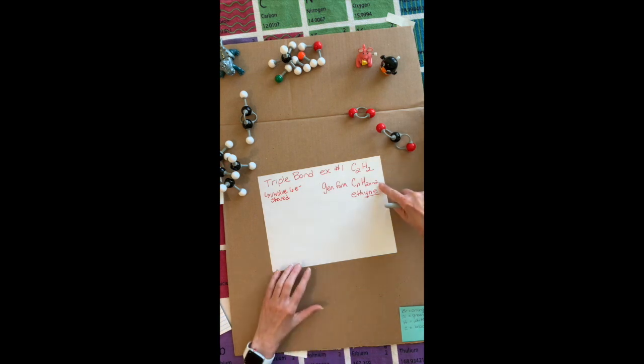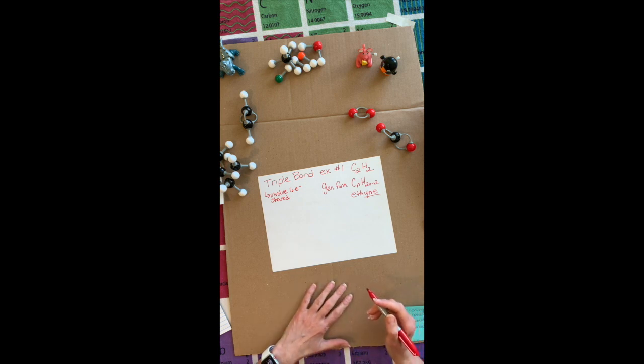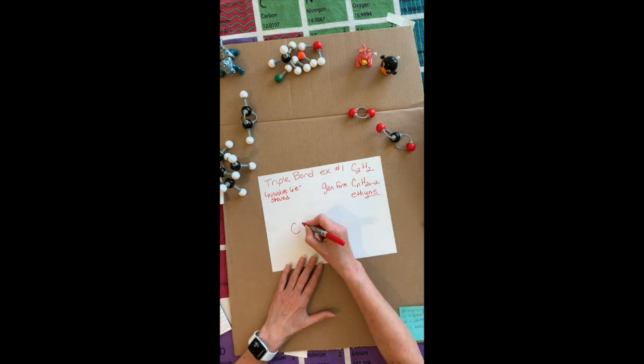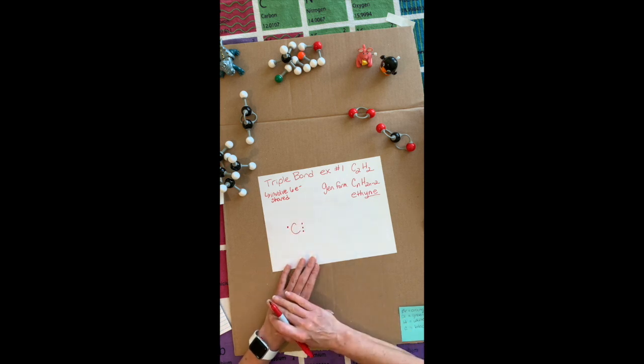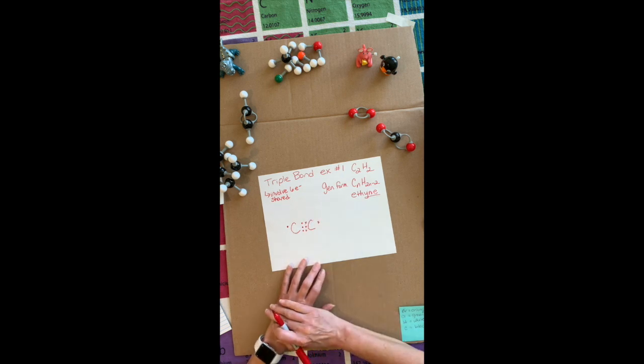And there's a general formula that you can figure out as well. In this case, instead of making the messy version of this, I know I've got 3 bonds. So there's my 4 valence electrons for carbon, and my other carbon, there's its 4 valence electrons.